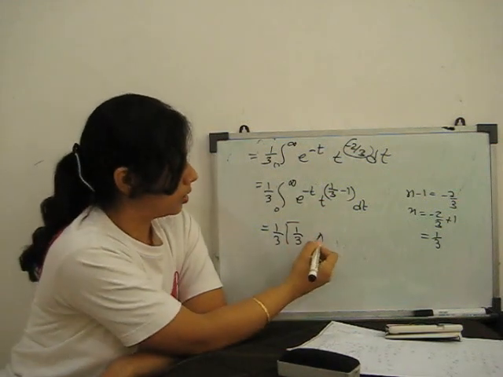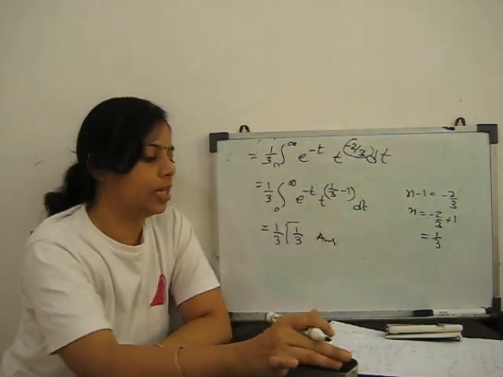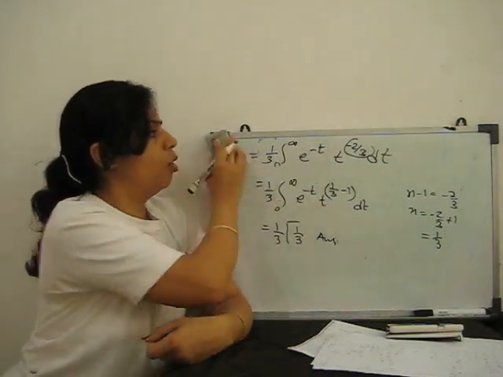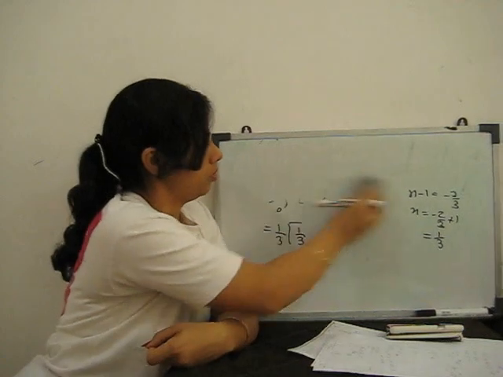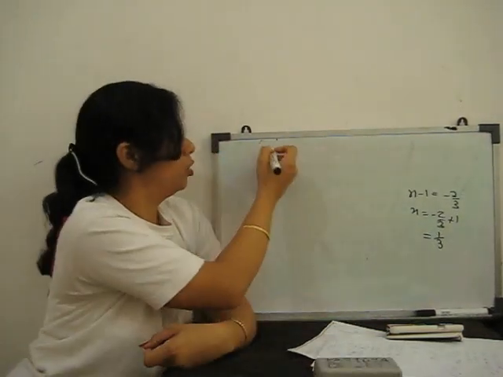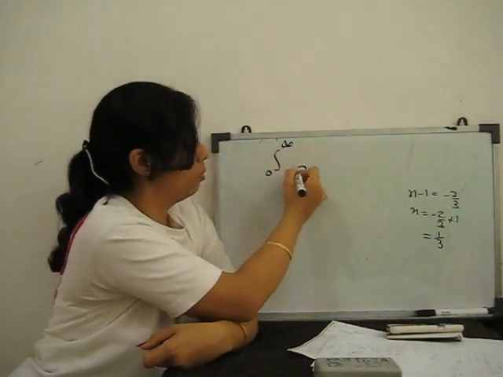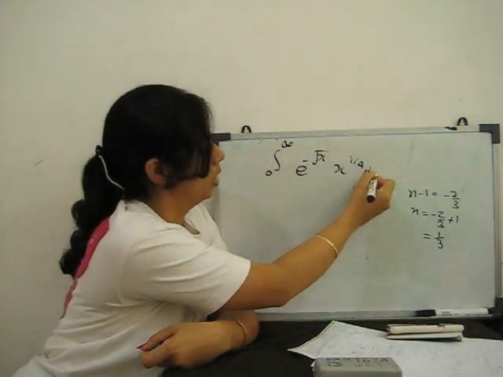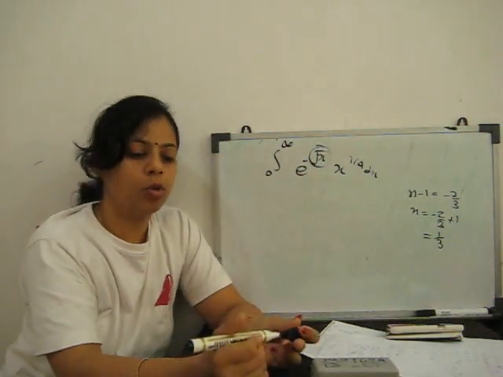Okay. So that is how we solve the integral with the help of the gamma function. Similarly, one more example. If we have 0 to infinity e to the power minus root x to the power 1/4 dx, say put root x equal to t.